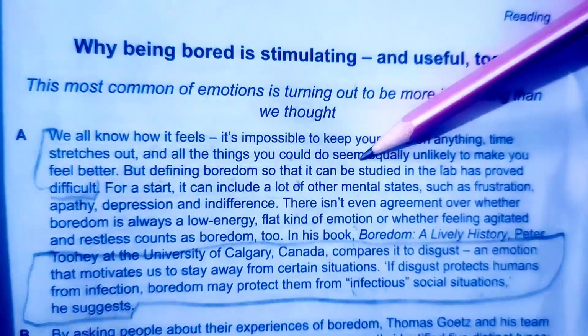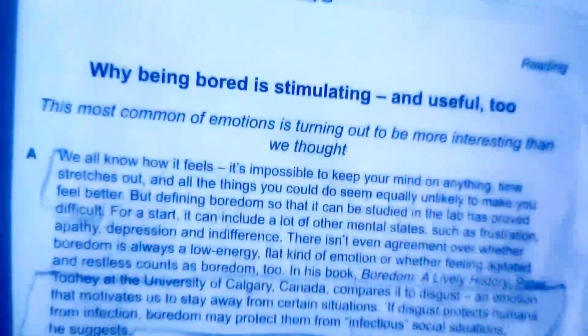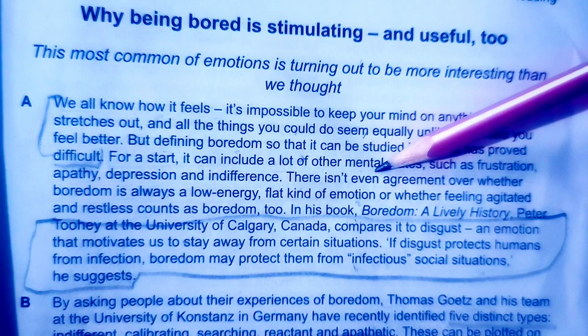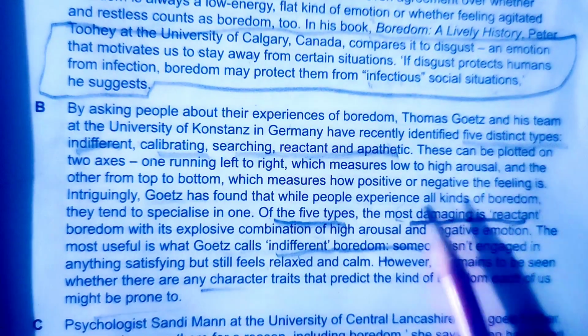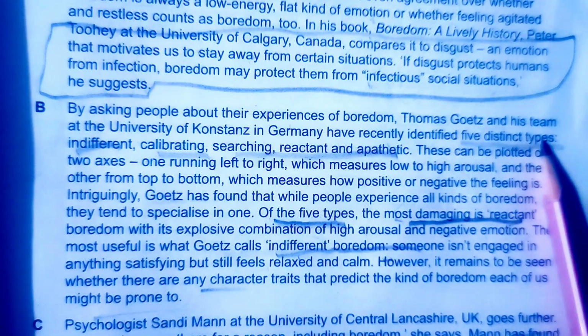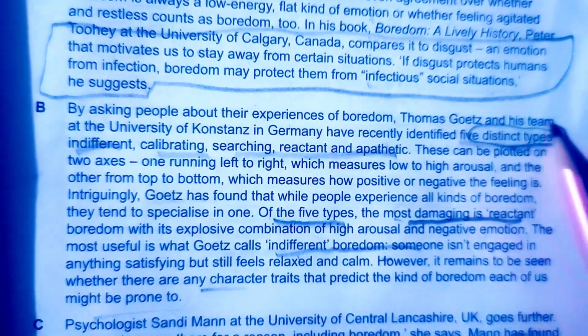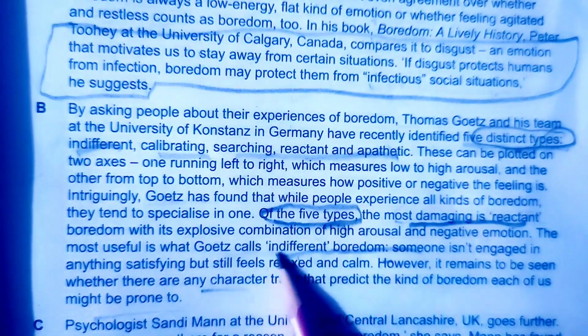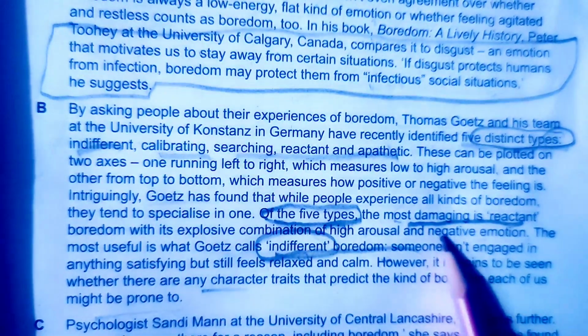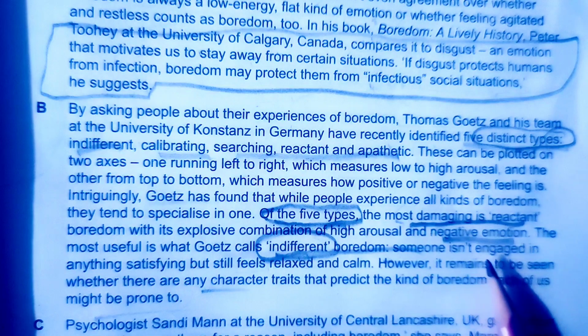Here, in the first passage, the first 3 rules were not being applied because there was no keyword repeated time and again. So for tackling that situation, we relied upon the elimination method. And in the second passage, did you notice anything? He has given 5 types, right? After that, in the last lines, 5 types, and again he's explaining indifferent boredom, right? Negative emotion and all that stuff.